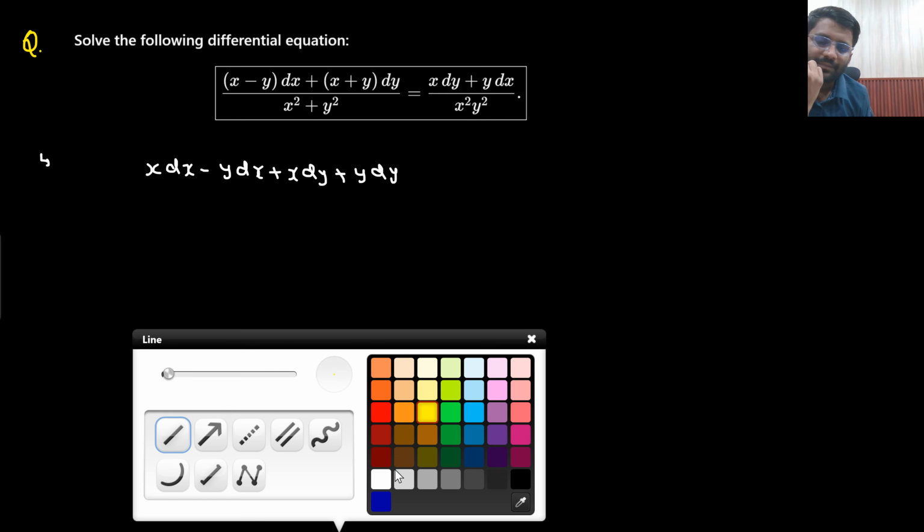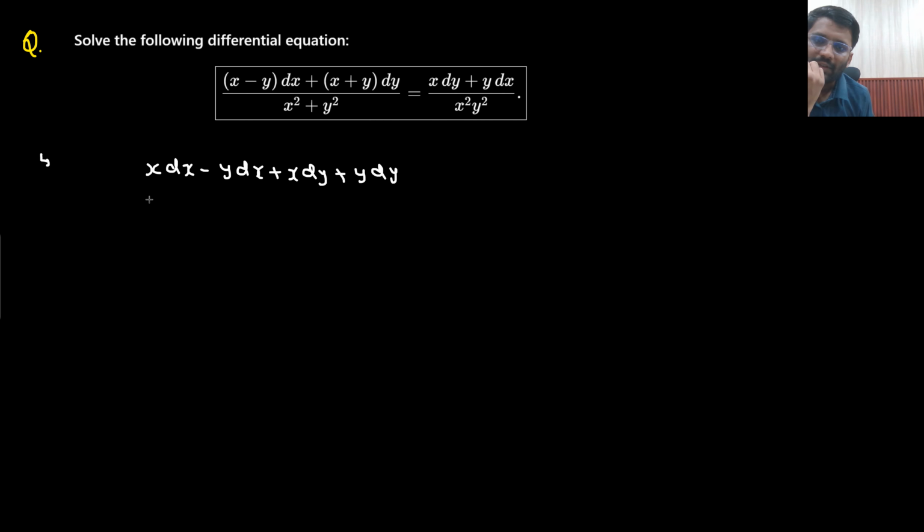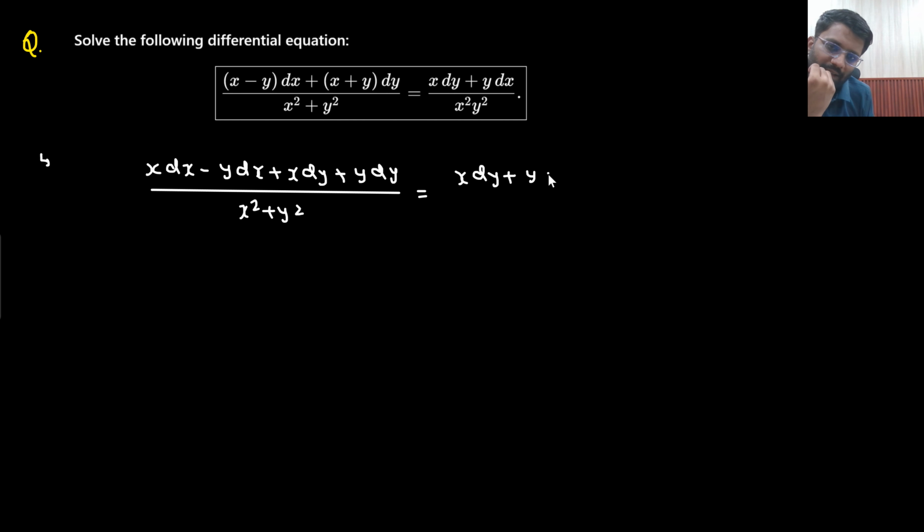Sir, if I see the numerator, it is x dx minus y dx plus x dy plus y dy divided by x square plus y square, and here also, x dy plus y dx divided by xy whole square.